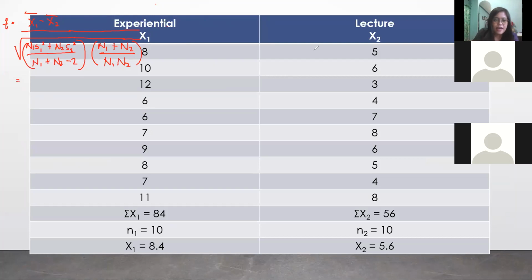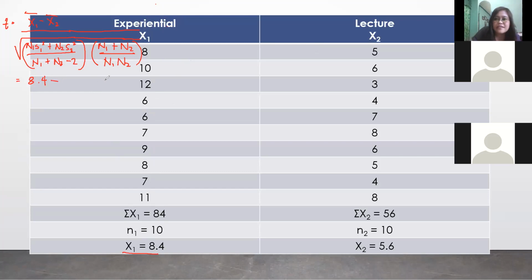So 8 plus 10 plus 12 plus 6 plus 6 plus 7 plus 9 plus 8 plus 7 plus 11. That is 84 ang iyahang sum divided by the number of scores, 1, 2, 3, 4, 5, 6, 7, 8, 9, 10. So makita nimo dira N1 is equal to 10. So this is divided by 10, meaning ang mean sa group 1 is 8.4.